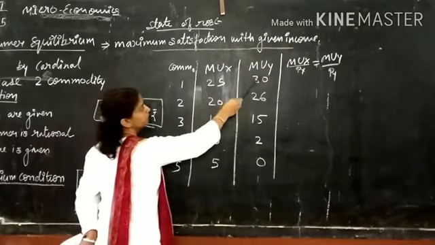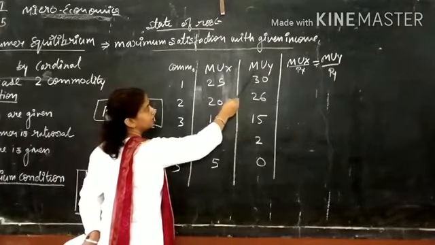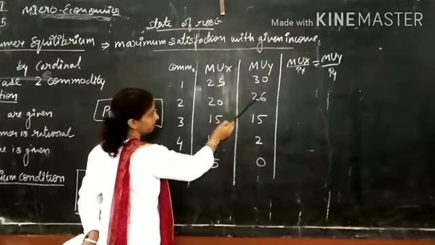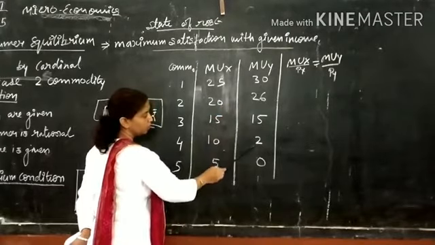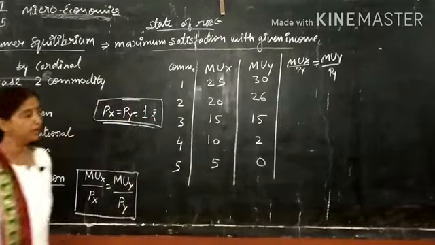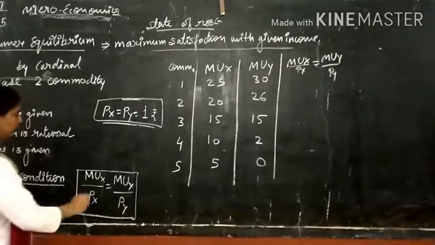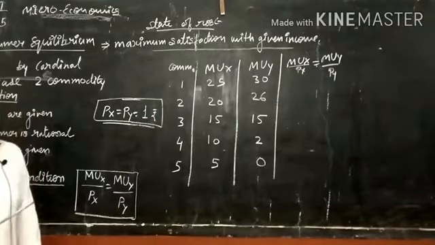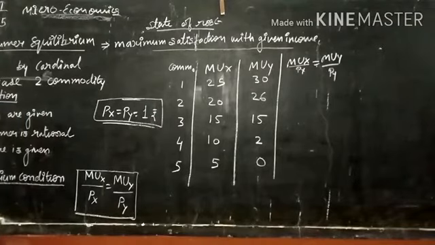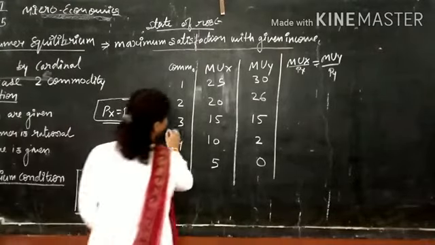For the consumption of Y, the consumer is getting marginal utilities of 30, 26, 15, 2 and 0. At what level will the ratio MUX upon PX be equal to the ratio MUY upon PY? It is level 3.